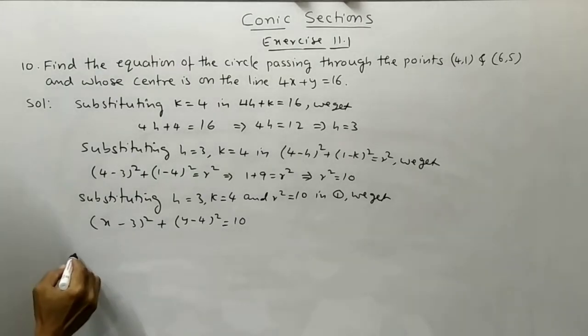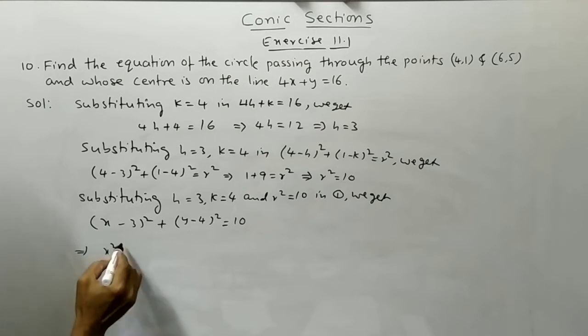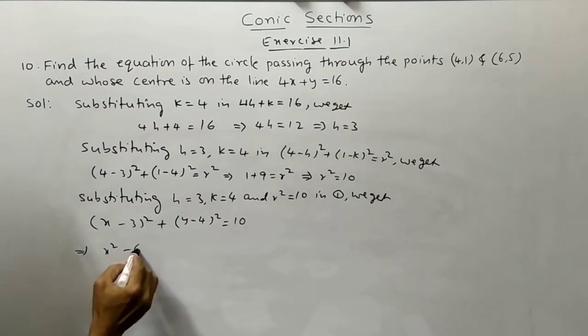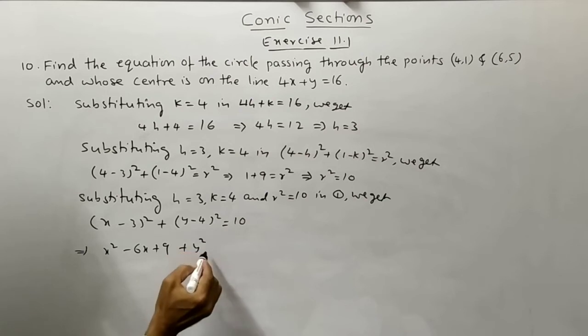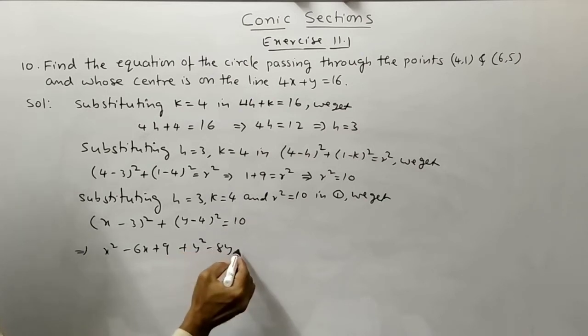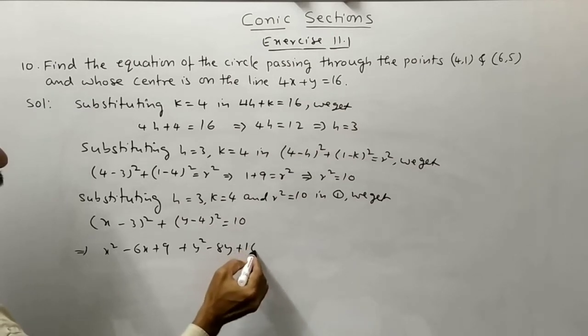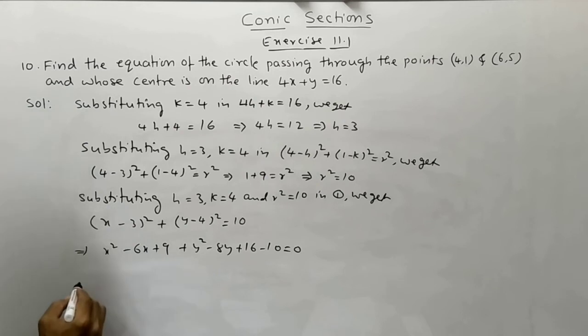This implies x² - 6x + 9 + y² - 8y + 16 - 10 = 0.